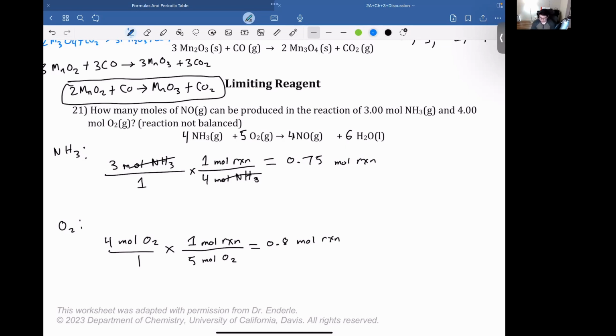Again, think about it in terms of the recipe. I promise it'll make it easier to conceptualize. So I can only do this reaction 0.75 mole times, or make the recipe 0.75 times, with NH3 versus 0.8 with oxygen. So NH3 is limiting because you can do it less times, right?